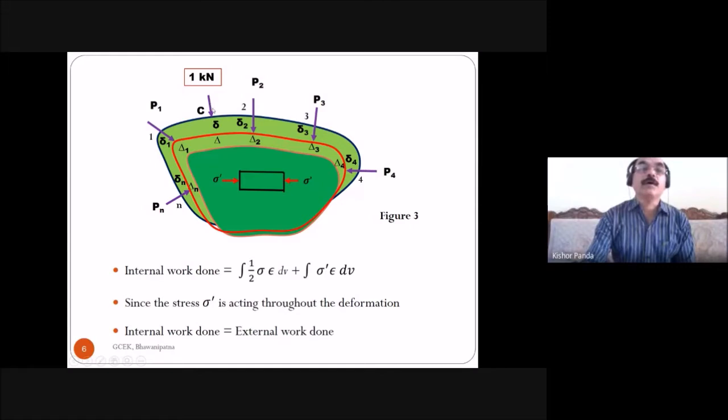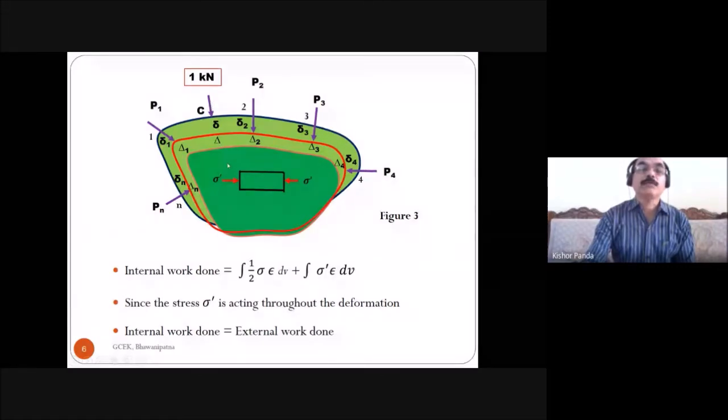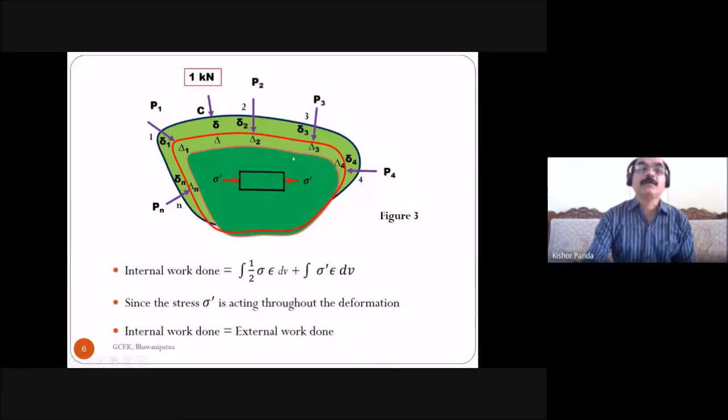For this unit force, the stress acting on the body is sigma dash, and the strain is epsilon after application of the system of forces P1, P2, P3, P4, and Pn. So the internal work done or the strain energy stored is integration of half sigma epsilon dB plus integration of sigma dash epsilon dB.